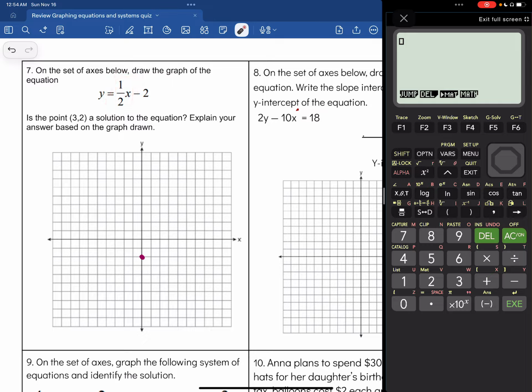We know that the top number or the numerator is telling us how much we go up or down, and the bottom number, the denominator, is telling us how much we go to the right. So here I'm going up 1 and right 2. Up 1, right 2, and again.